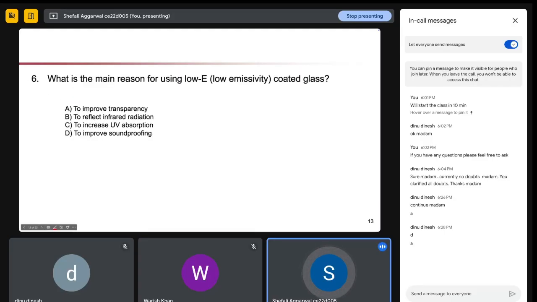What is the main reason for using low E or low emissivity coated glass? To improve transparency, to reflect infrared radiation, to increase UV absorption, or to improve soundproofing?